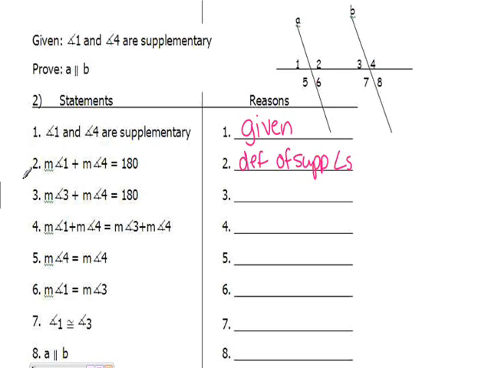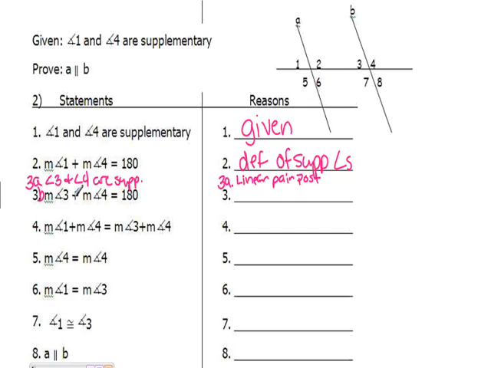So I feel like there's something missing here. So I'm going to be sneaky, and I'm going to add in a 3a. I'll make this one 3b. So 3a is I'm going to write angle 3 and angle 4 are supplementary. Okay, and my reason for that is going to be the linear pair postulate, which tells me that if two angles are a linear pair, then they are supplementary.